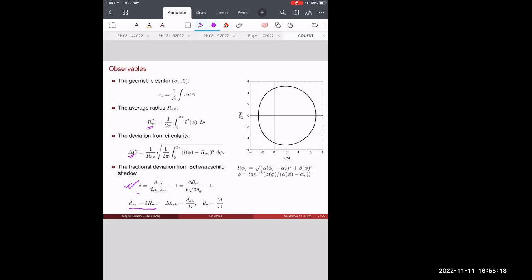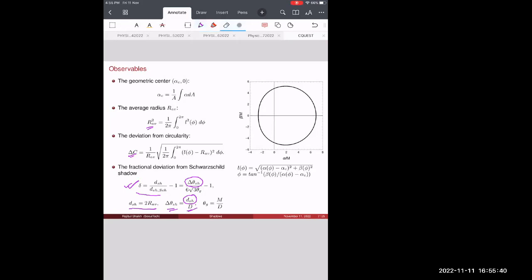So delta is defined this way. This is the fractional deviation in the diameter from that of the Schwarzschild shadow. In terms of angular diameter, this can be written like this, where the angular diameter is simply the diameter divided by the distance of the compact object from us.